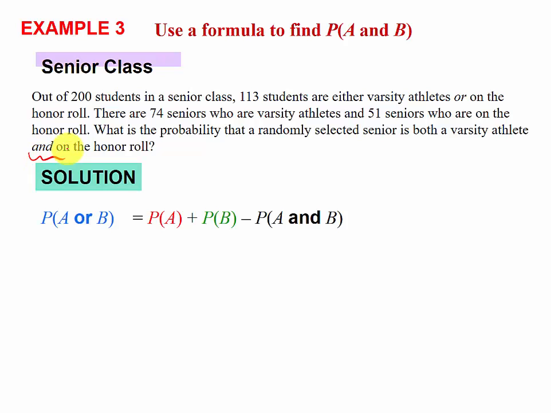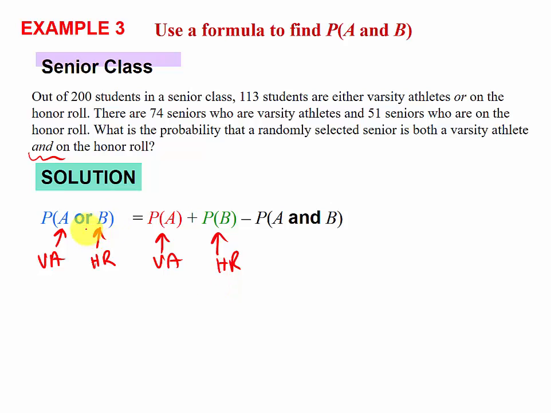So let's look at our equation. We can say that event A is the varsity athlete and event B is the honor roll. So we have to count how many people are varsity athletes, how many people are on the honor roll, but then we have to subtract the people who are double counted, where they are both varsity athletes and on the honor roll. So let's sub in what we know.